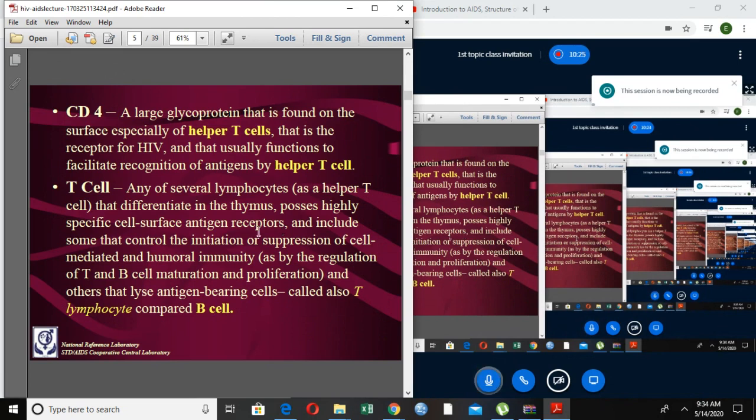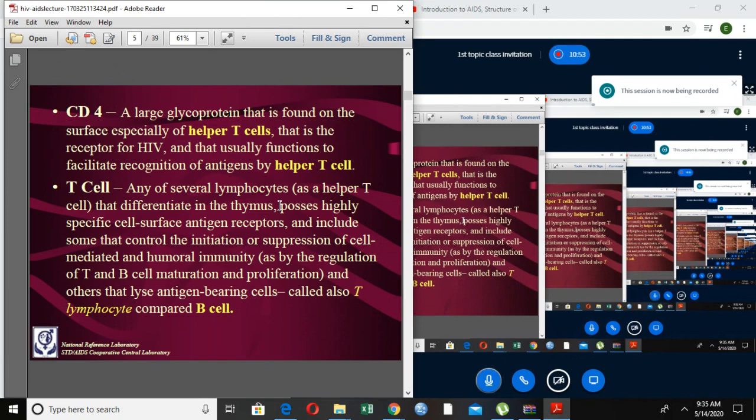I hope you're following. Remember how I've said humoral immunity is the immunity that is activated when the T cells recognize antigen that is outside the cell itself. What is cellular immunity? You have two types of immunity: humoral immunity and cellular immunity.